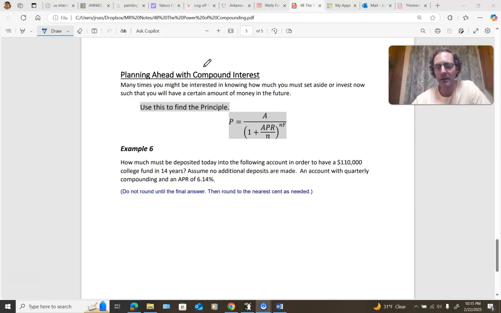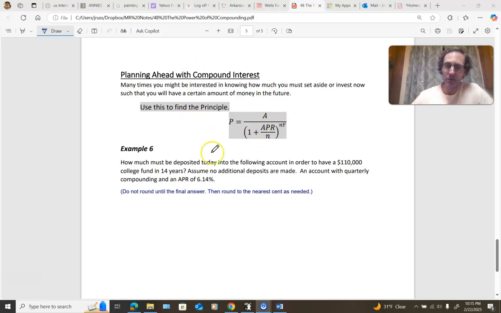So in the context of that example, you want to make sure that when your kid turns 18, they have $100,000 in their college fund. So then the question is, how much do you need to invest right now, such that in 18 years, that investment will grow into $100,000? So see, we're basically going in reverse of what we've done previously.